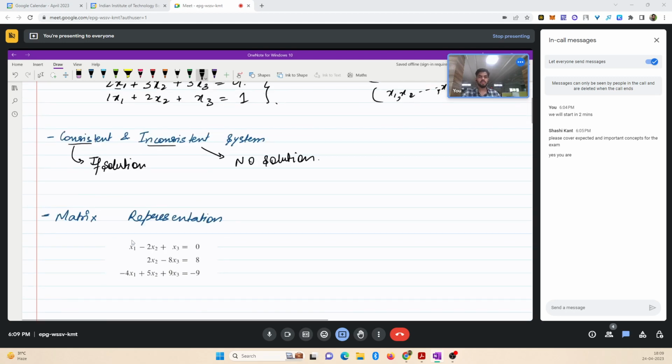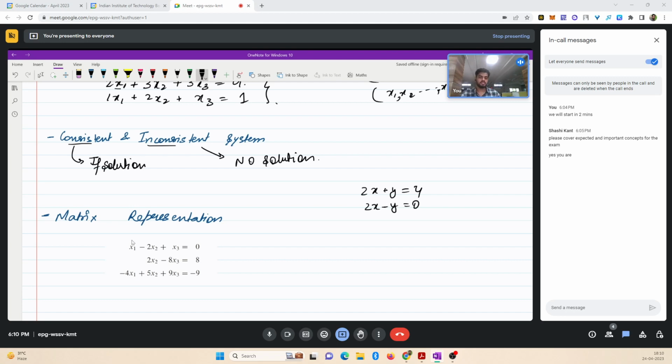Okay. So let's say you have some equations in two variables. Then it is very easy for you to check whether a solution would exist or not. You can take one variable on one side and then put it in the other. But let's say you have many variables and many equations, then it becomes slightly more calculation heavy to check whether a system is consistent or inconsistent.